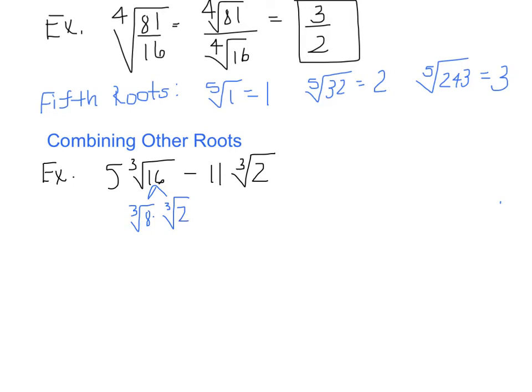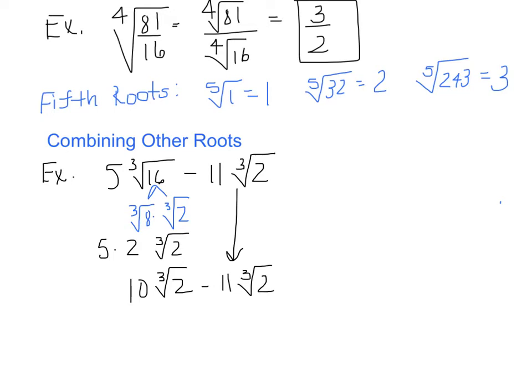Now the cube root of 8 is 2, but there's a 5 in front. So 5 times 2 is 10. And then I'm just going to bring this down. And now you notice they are exactly the same. So 10 minus 11 would give me negative 1 cube root of 2. So it's just like combining like terms. And then you'll do the same with addition. You just have to make sure that your radicals are the same.